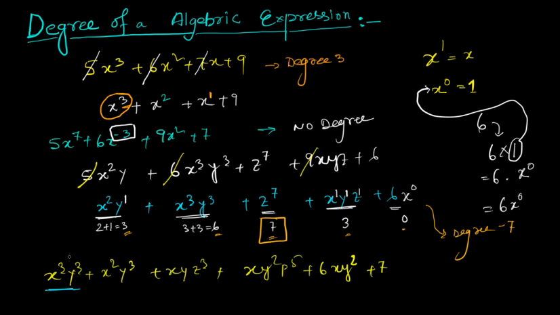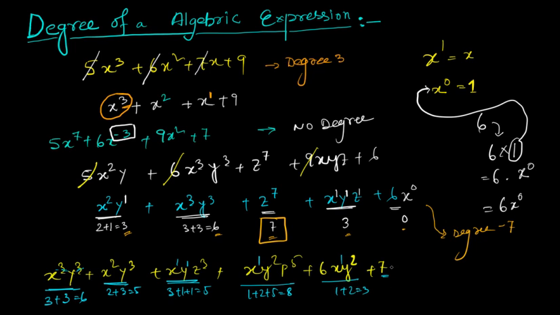For the first one, I need to add the powers. 3 plus 3 is 6. For the second one, 2 plus 3 is 5. For the third one, 3 plus 1 plus 1 is 5. Here, 1 plus 2 plus 5 is 8. Here, 1 plus 2 is 3.